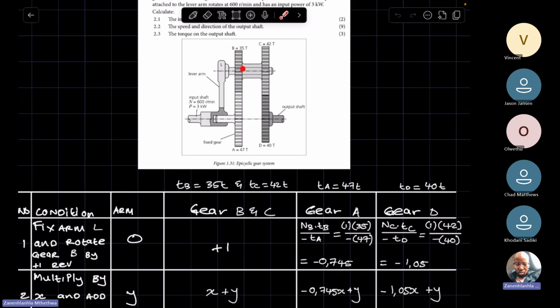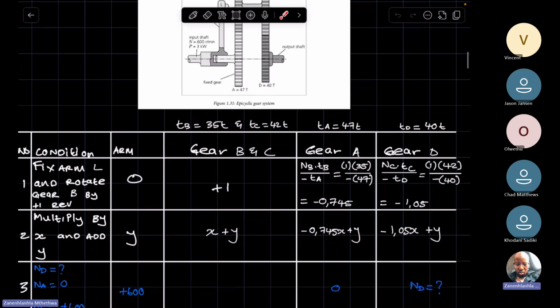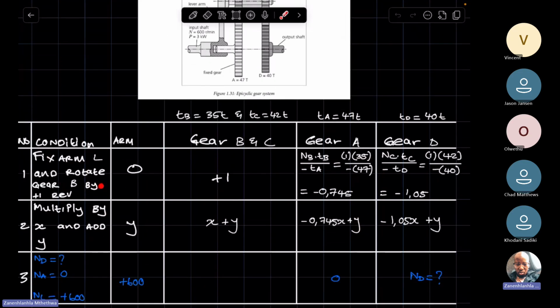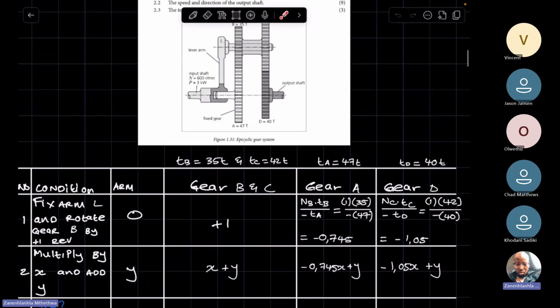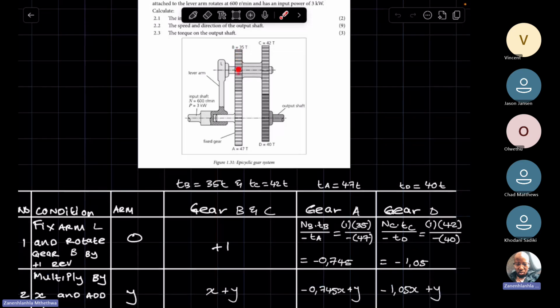Now, if you look at gear B and C, they are fitted with the same shaft, hence I have them under one collar, because the rotational frequency of this one will be the same as this one. So if I select gear B to be my annulus, and as per my first condition the annulus is rotated by 1 revolution clockwise, then gear C will also be rotated by 1 revolution clockwise.